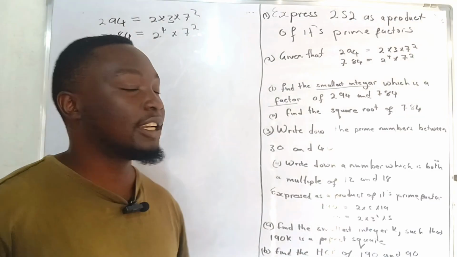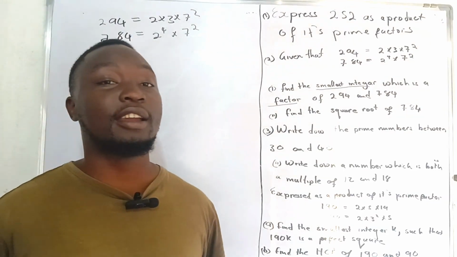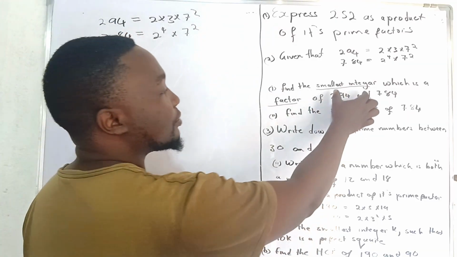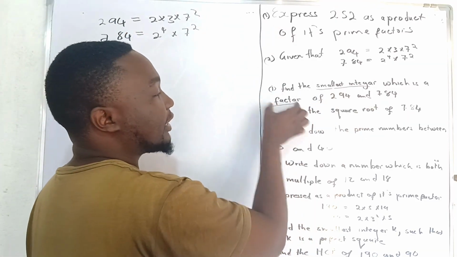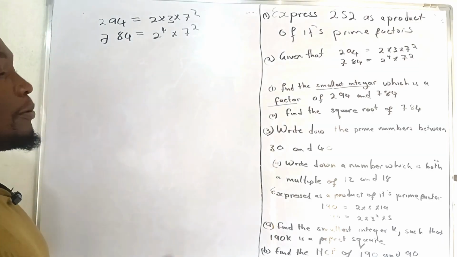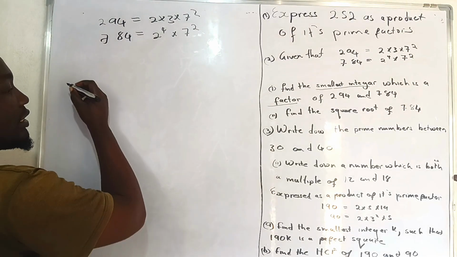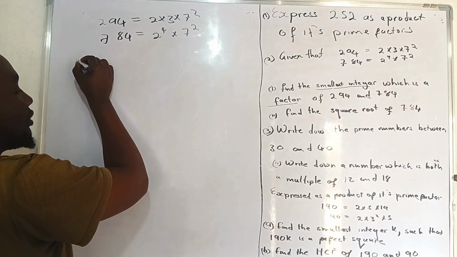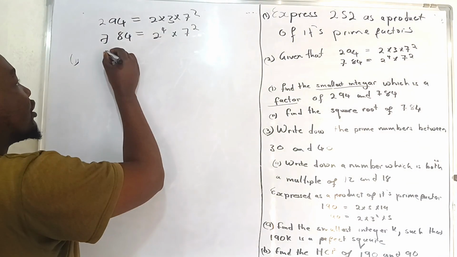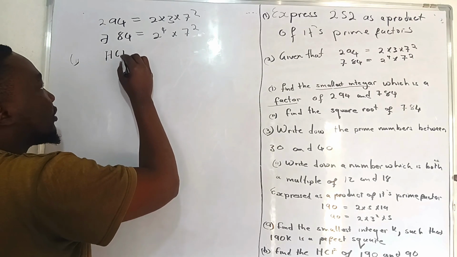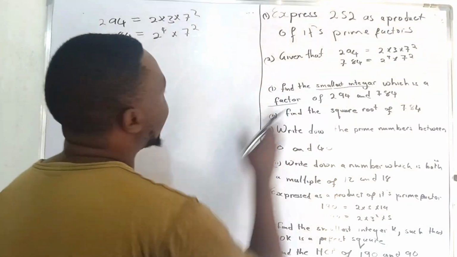They do not tell you directly that you have to find the highest common factor. If you see language like this, find the smallest integer which is a factor, just know that you are being asked to find the highest common factor. So we write part 1, highest common factor. You have to deduce the language.